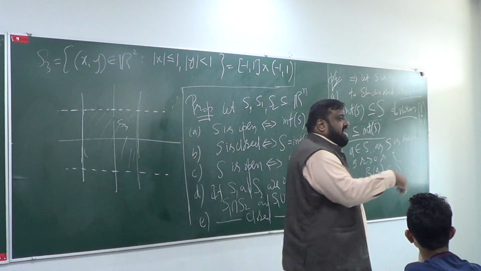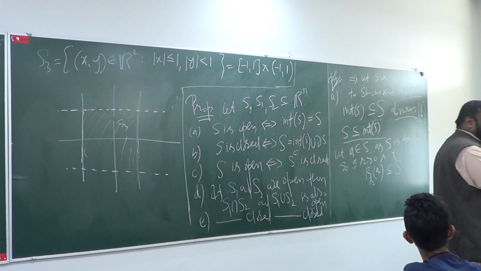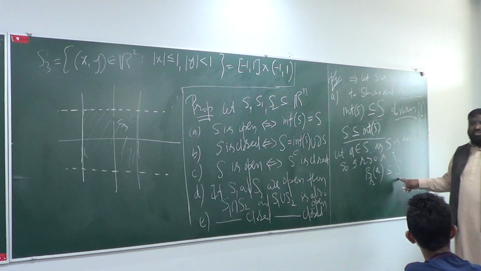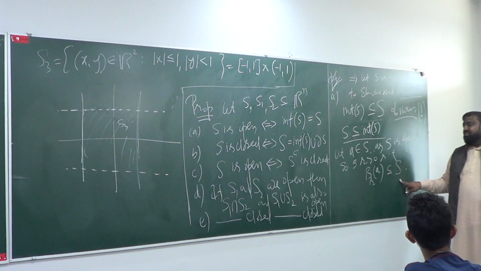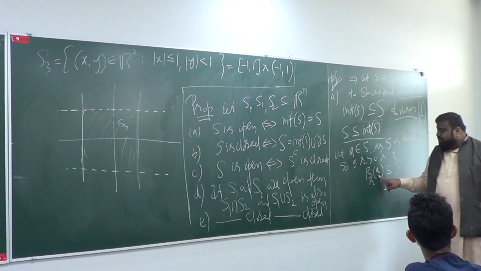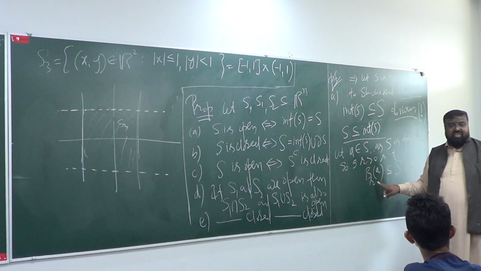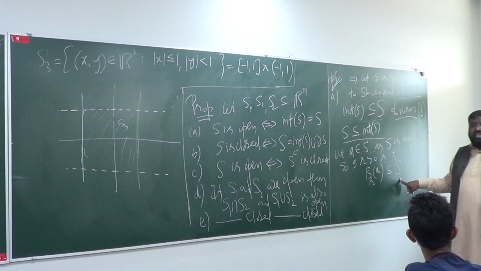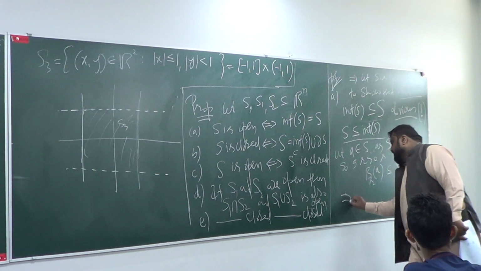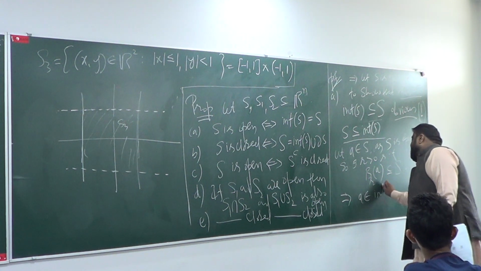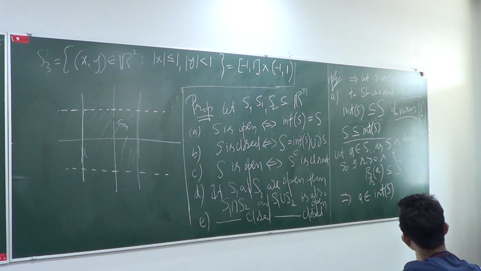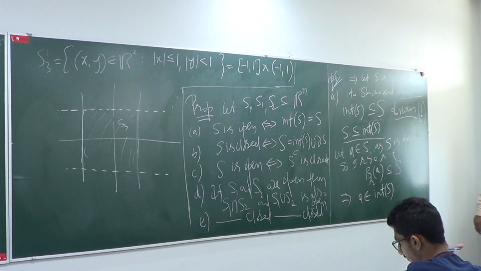An interior point is a point on which you can draw a ball which is contained entirely in the set. Since I am able to draw a ball at A with the radius r, and this ball is entirely contained in S, this implies that A is an element in the interior of S. So it's an interior point. It satisfies the definition of being interior. Is it making sense?